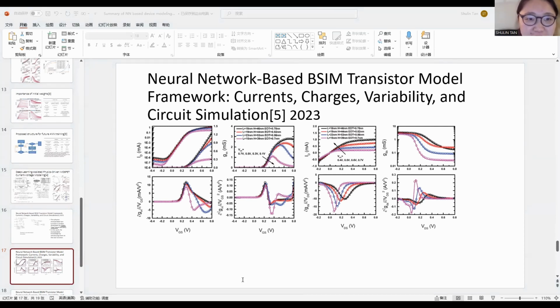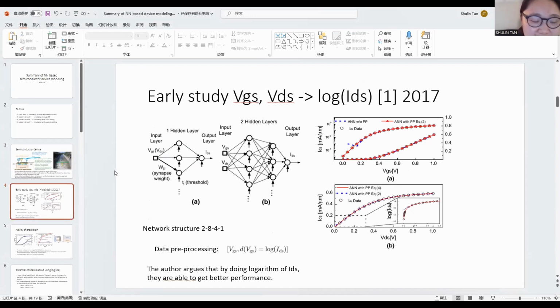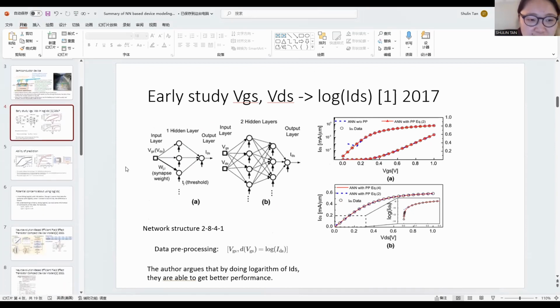But I think the trend, rather than building up big models, is actually to incorporate more parameters. That is why I said this field doesn't seem to be very much developed. In this early work, they only incorporate 2 parameters as the input.